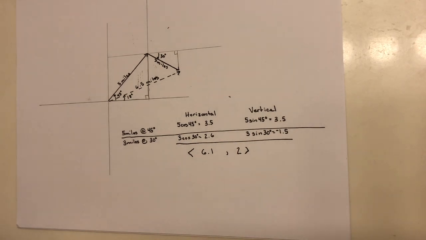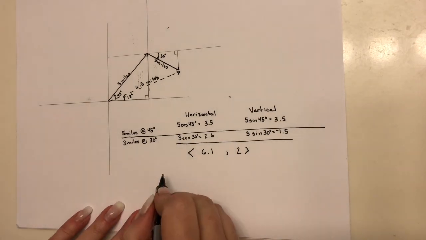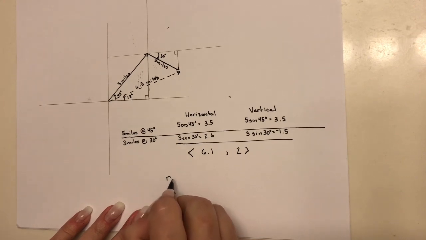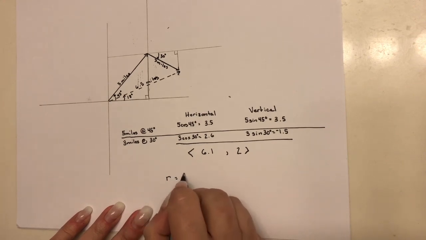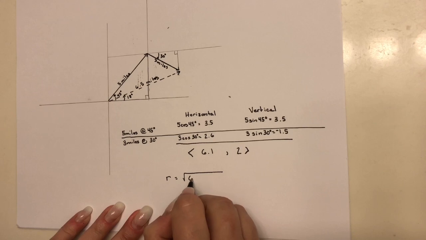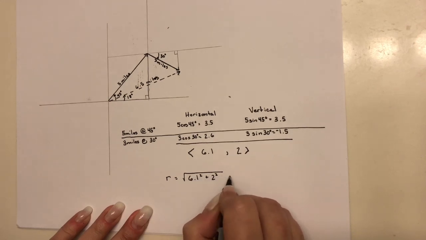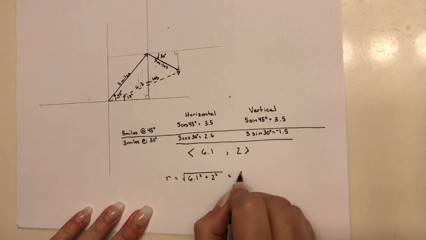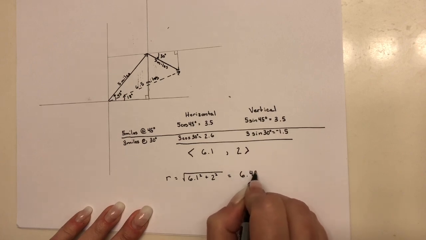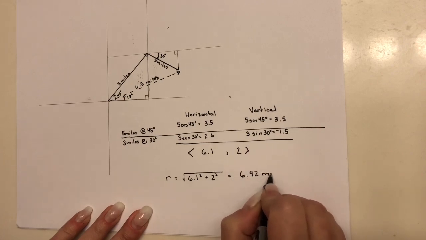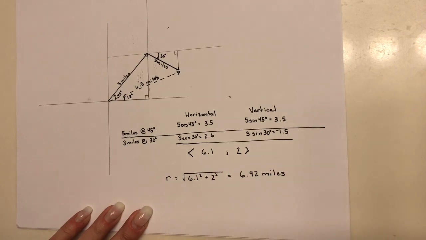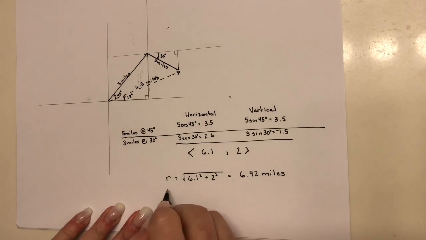Now once I've got Harry's form done, I'm going to say, okay, R equals the square root of 6.1 squared plus 2 squared. And with my calculator, that comes out to be 6.42 miles, which is pretty close to my guess of 6.5 with my protractor.